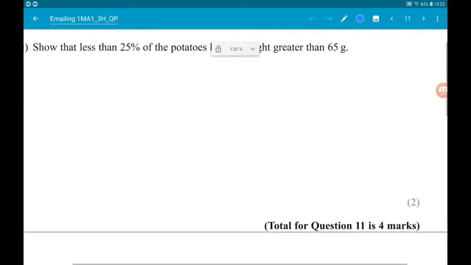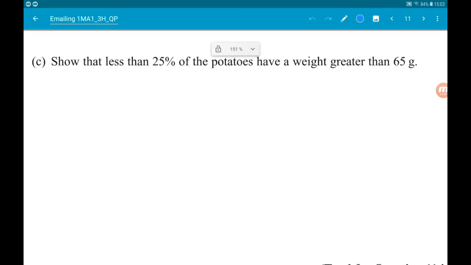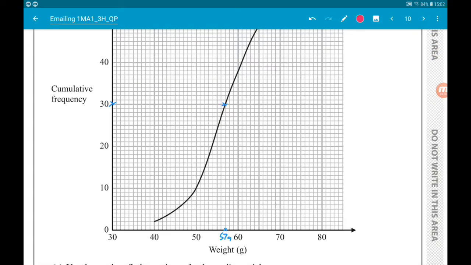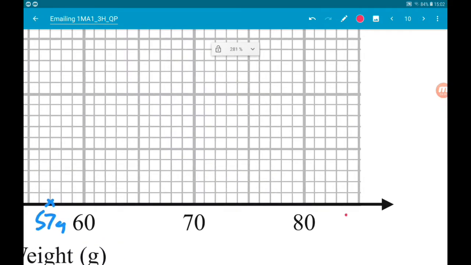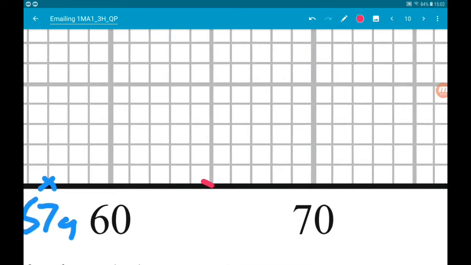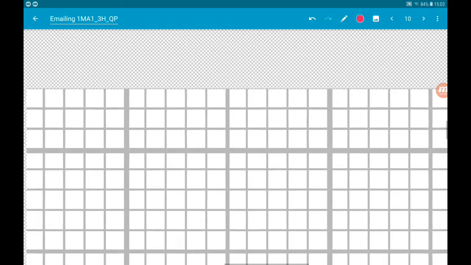Okay, then part C wants us to show that less than 25% of the potatoes have a weight greater than 65 grams. Okay, so this time we start on the x-axis, find 65, go up until we hit the graph.